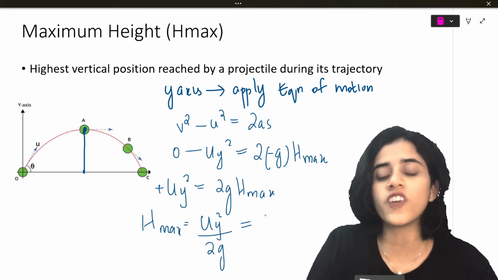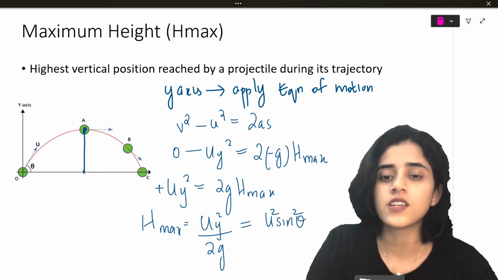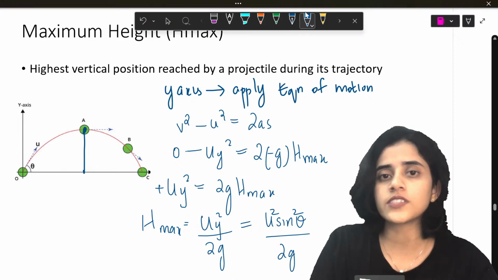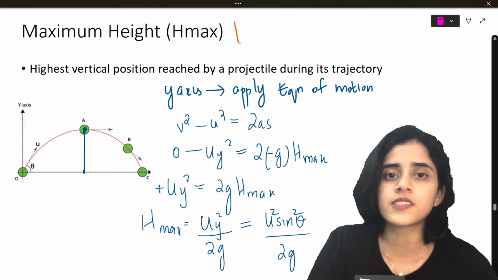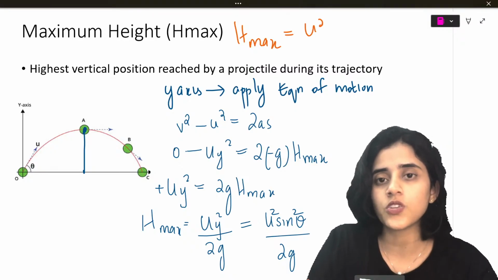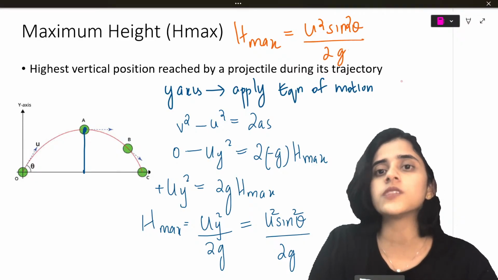So what is uy? u sine theta. So uy square is u square sine square theta divided by 2g. So that's all. So the formula here is h max is equal to u square sine square theta by 2g.